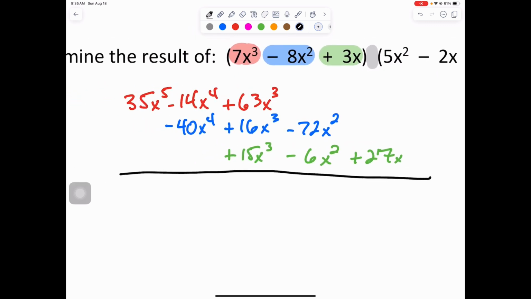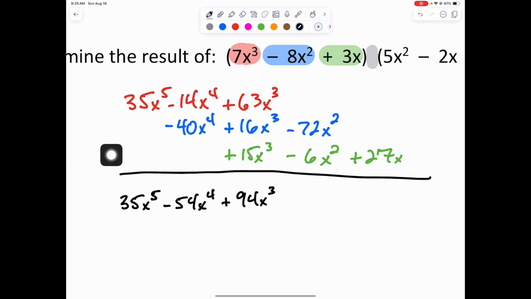Let's go. 35x to the 5th. Negative 14, you owed me 14 bucks. You borrowed another 40. How much do you owe me? Yes, you owe me minus 54x to the fourth. All right, 63 plus 16 will give us 79. 79 plus 15 here will give us 94x to the third, so plus 94x to the third.